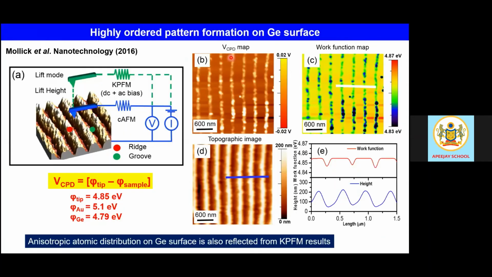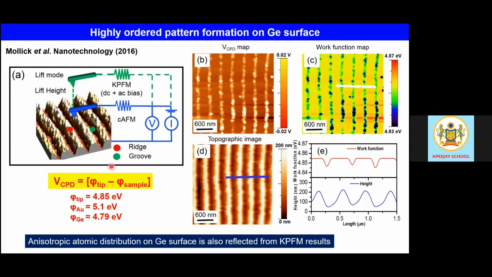These are some work function measurements. We get to see that the work function also becomes anisotropic, like the morphology. Along one direction you can see the line profile of the work function. In the valley regions, in between these two strips, the nanowire-like gratings, in between the two nanowires, this groove region, the work function is quite less compared to the top or the ridges.